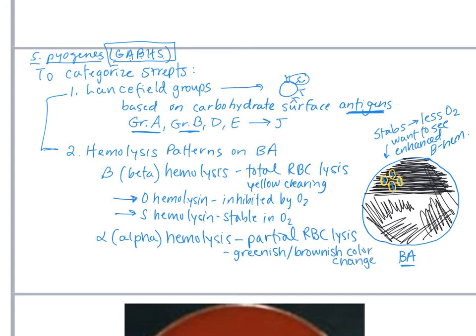Okay, so I hope you're thinking, wait a minute, how can a red blood cell be partially lysed? Seems like either it's broke open or it's not. But organisms that are alpha hemolytic, they lyse open the red blood cell, but they don't degrade the hemoglobin. Okay, the hemoglobin stays intact, and that's where this kind of greenish brownish color comes in.